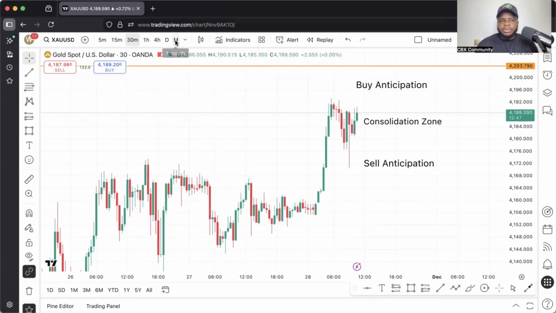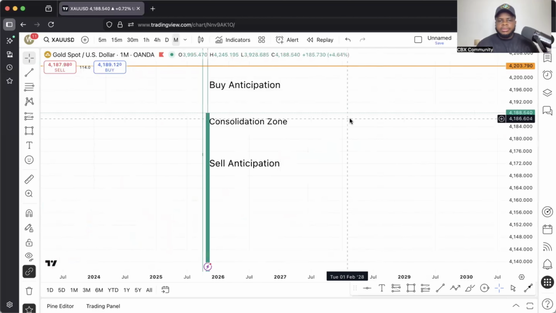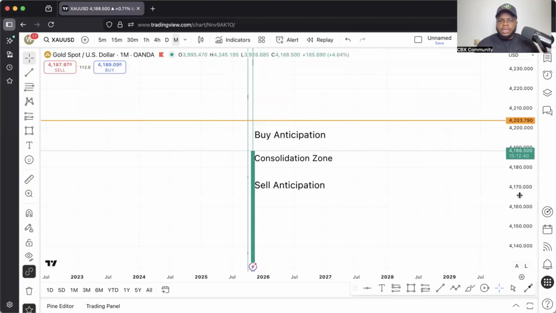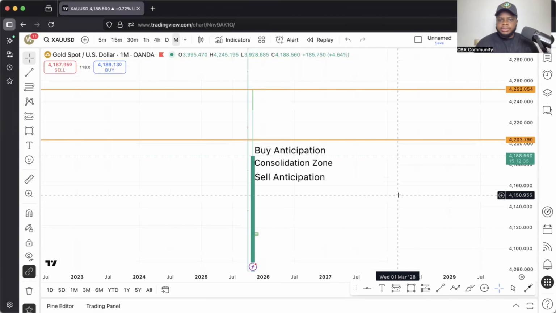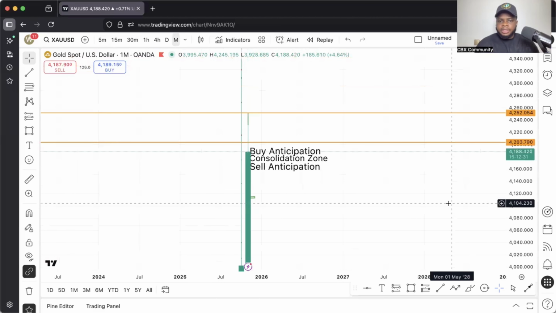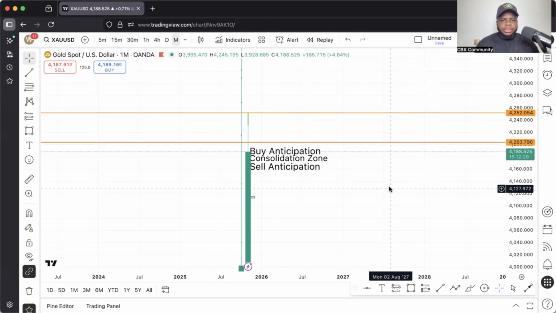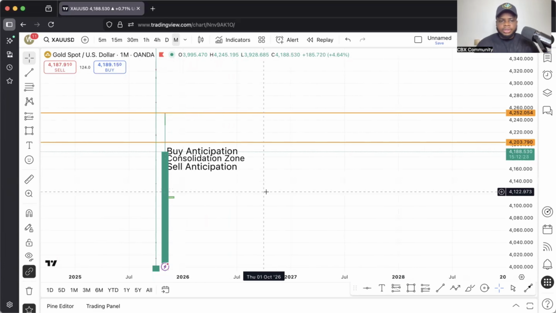So let's go to the month. Looking at the condition of the month's market structure, let's see what we are anticipating the market to give to us. This candle is left with 15 hours before it will close.